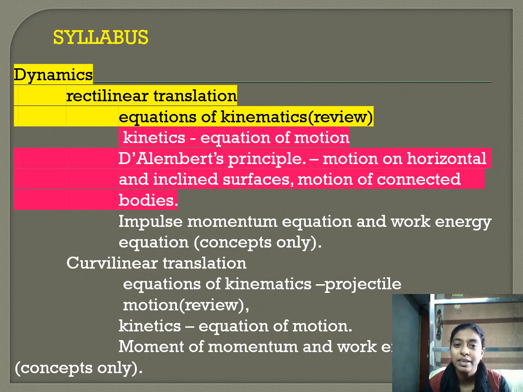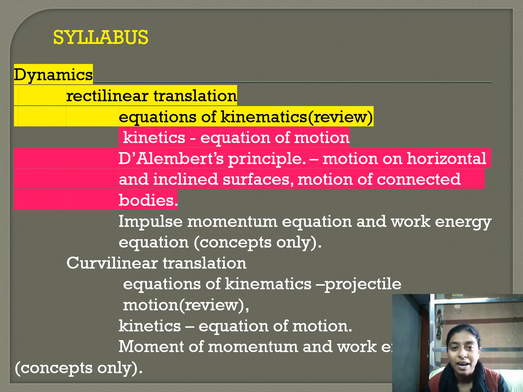We are going to study the equation of motion for kinetics, D'Alembert's principle. D'Alembert's principle is the equation of motion for kinetics. Using D'Alembert's principle, we have to find the motion on horizontal and inclined surfaces and the motion of connected bodies.